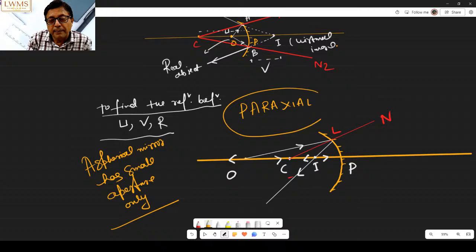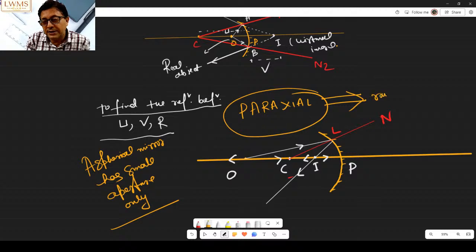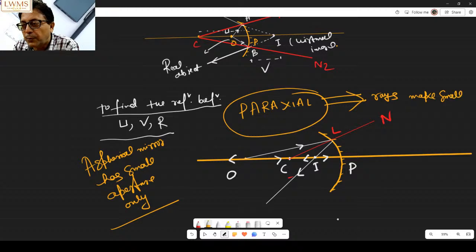Paraxial rays. Paraxial means the rays are very close to the principal axis, or rays make small angles with the principal axis.